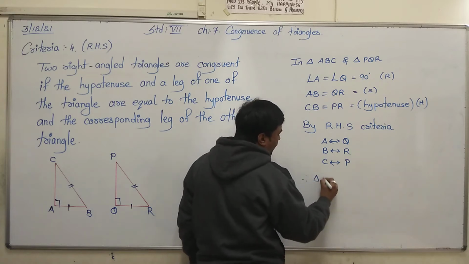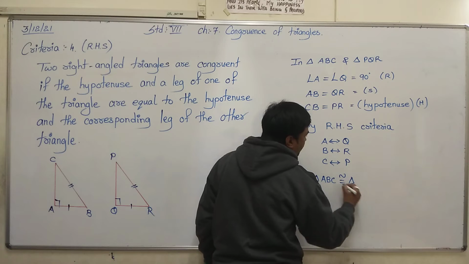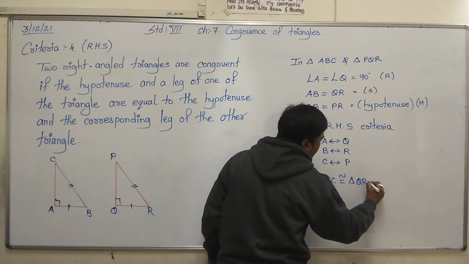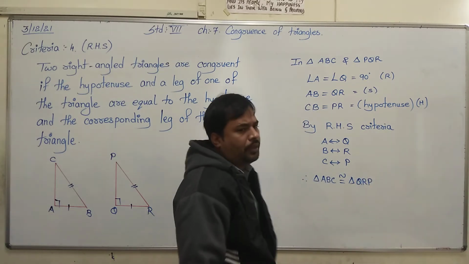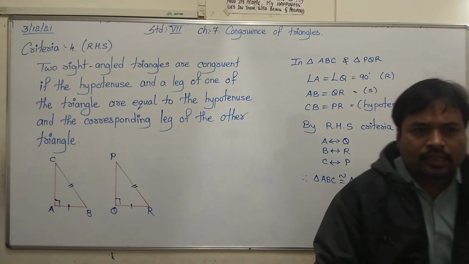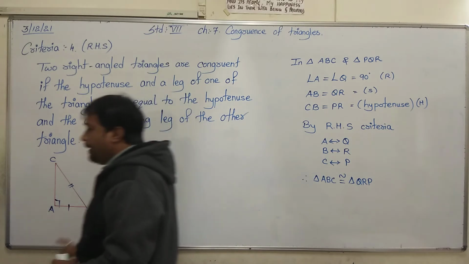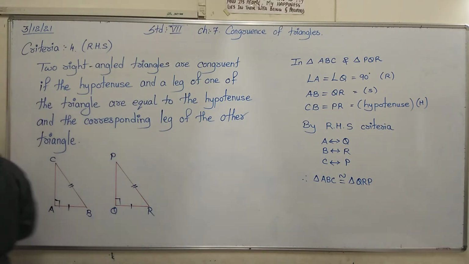Therefore, triangle ABC is congruent to triangle QRP. Right? Be careful. Whatever is with A will go with A, whatever is with B will go with B. So by this criteria we can say that these two right angle triangles are congruent. Are you getting that? Yes. Write it down.